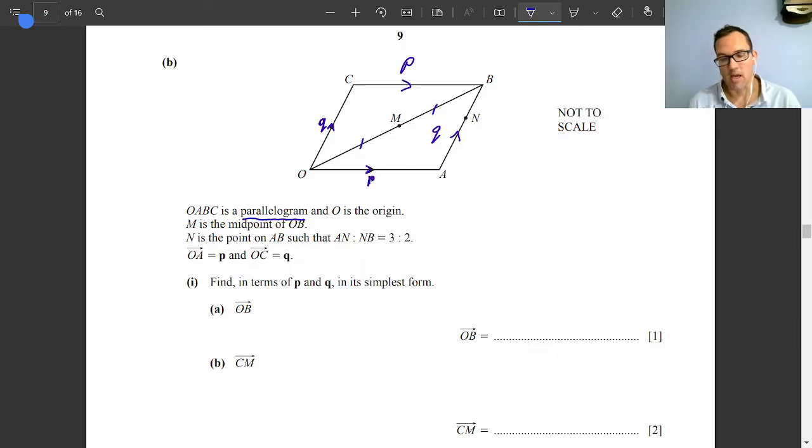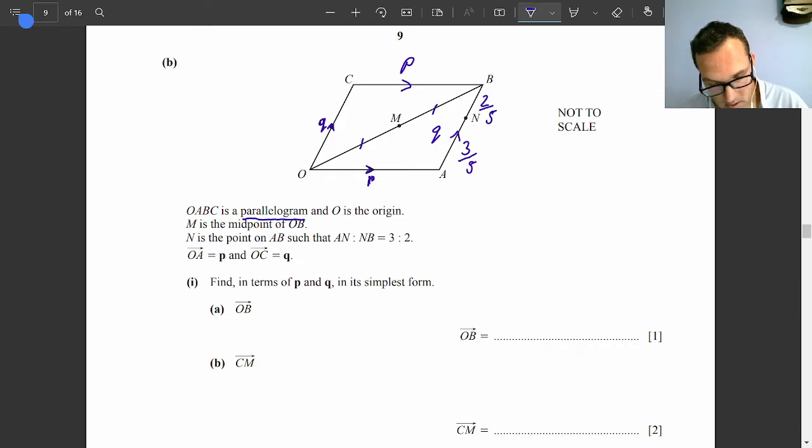N is the point on AB such that AN to NB is the ratio 3 to 2. So if we write that down, the ratio is 3 to 2. Think about this carefully. If the ratio is 3 to 2, it means we have divided that line into 5 parts, and this part, AN, is 3/5 of the whole line, and BN is 2/5.